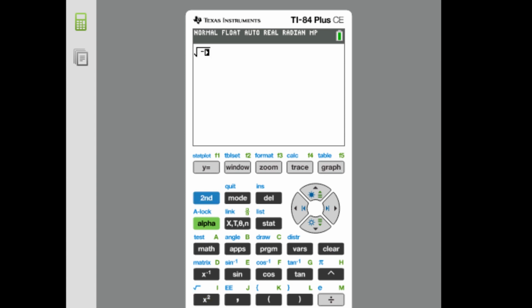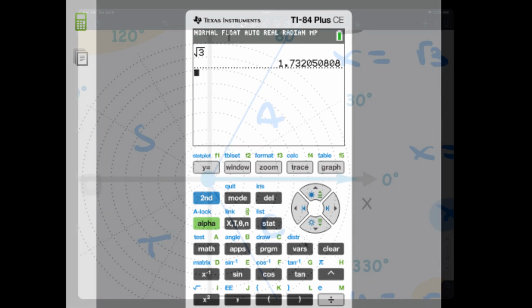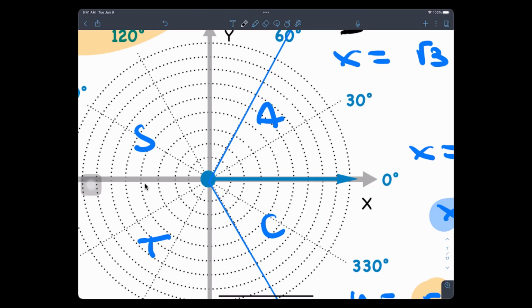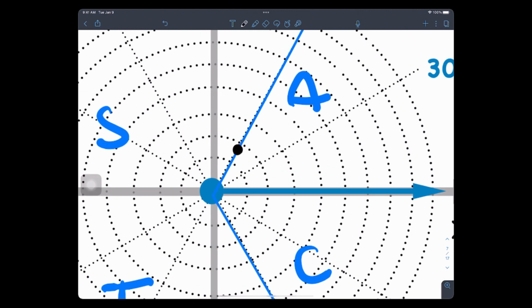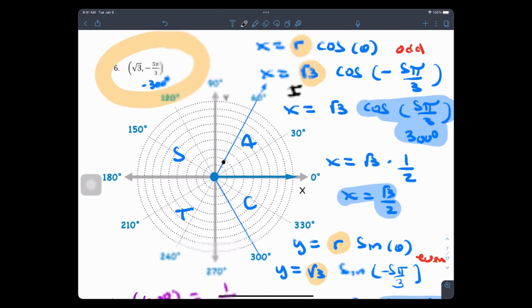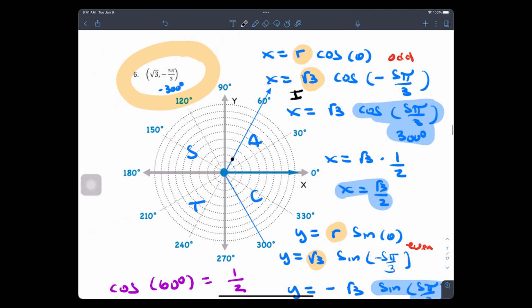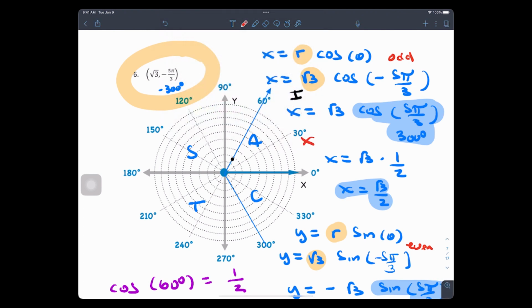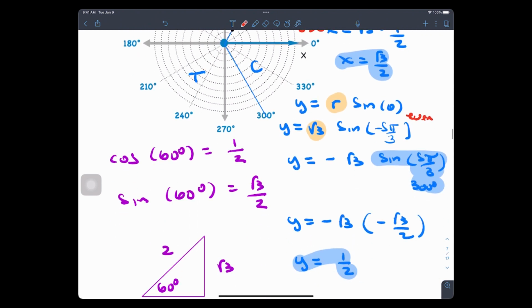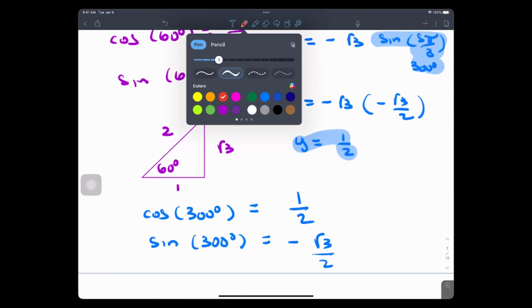Second, square root of 3. That's about 1.7. So that's almost 2. So we can say this location is somewhere like over here, right? Almost 2. And that makes sense that both x and y would be positive, right? Because quadrant 1, x is positive, y is positive. So the location will be here.